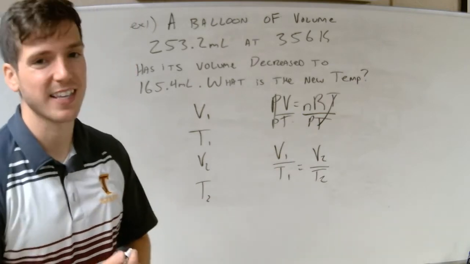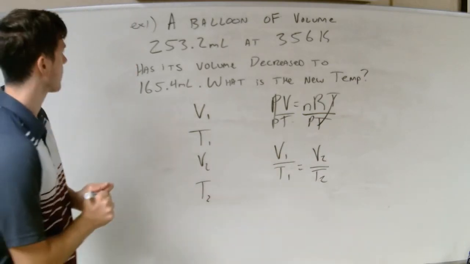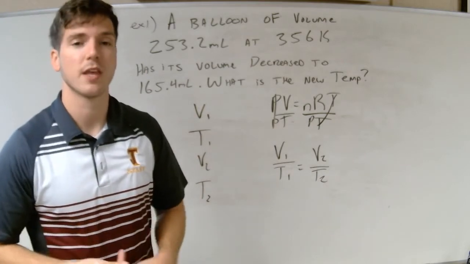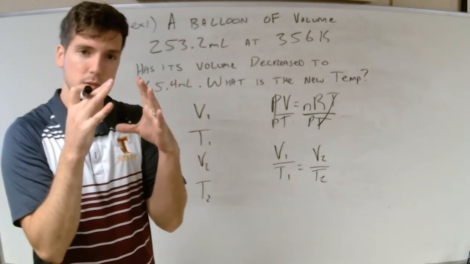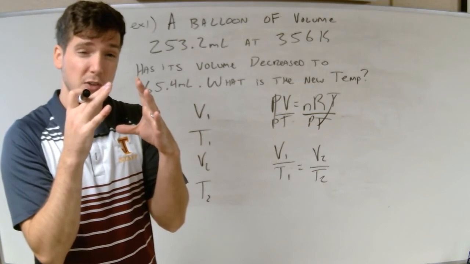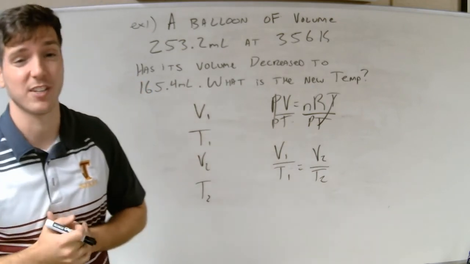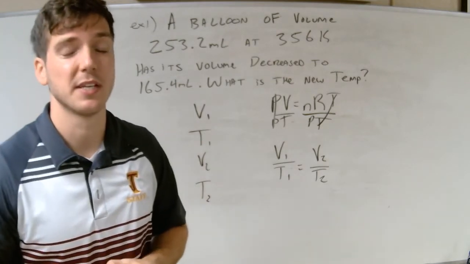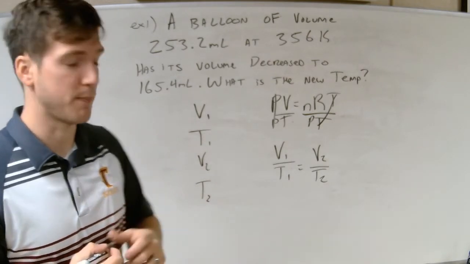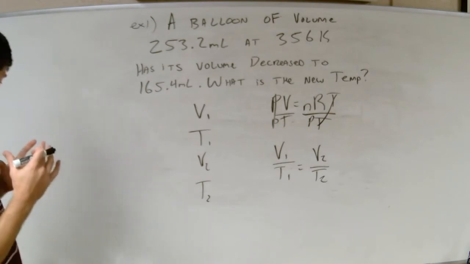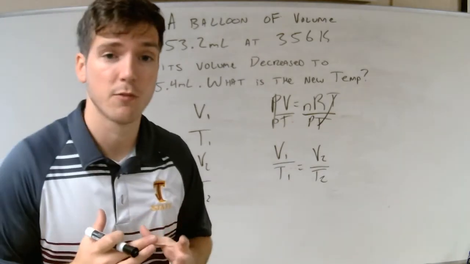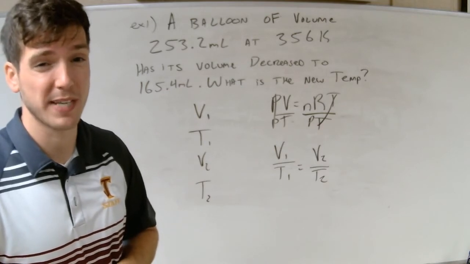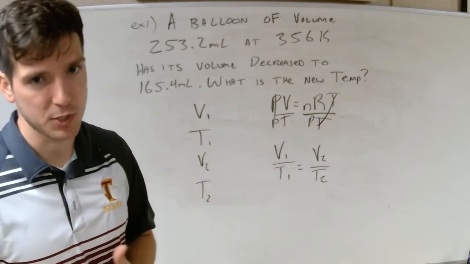Now we've derived an equation to help us solve this problem. First of all, let's think conceptually what's going to happen here. We have a balloon at a certain temperature and it's got a certain volume. If we decrease that volume, those molecules aren't going to be moving quite as fast. There's going to be less space for them. What's going to happen to that temperature? Well, if we decrease the volume, giving them less space to move around, slowing them down a little bit, that temperature is going to decrease as well.